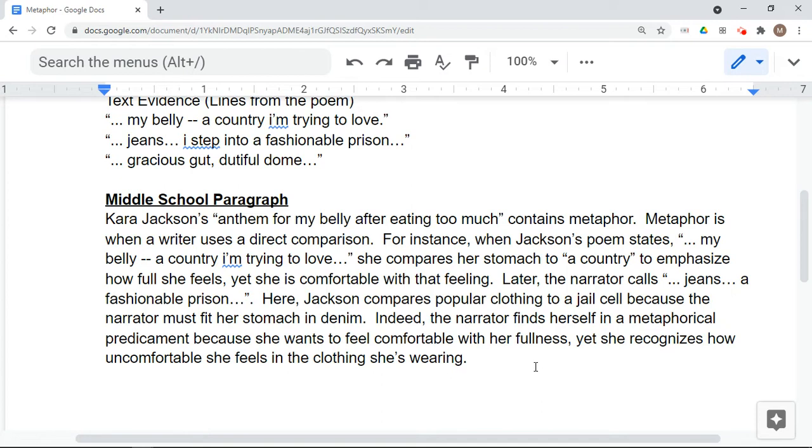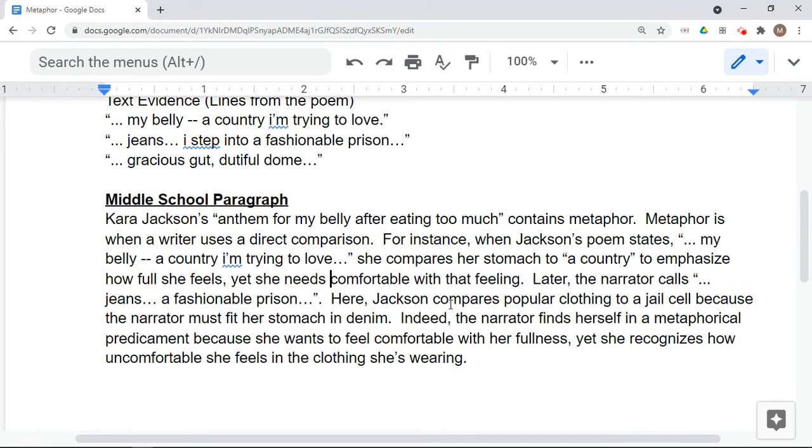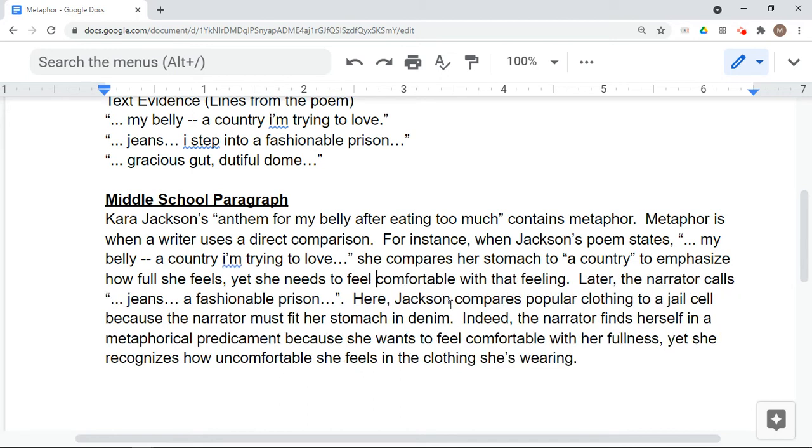Yet, I need to include that, trying to love. Yet she is comfortable how full she feels, yet she is trying to love. Yet she needs to feel comfortable with that.